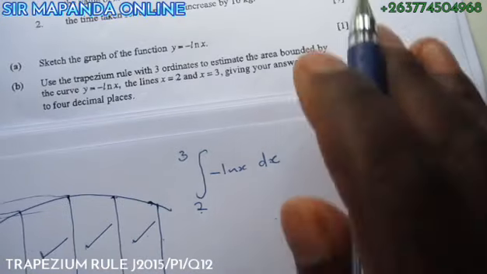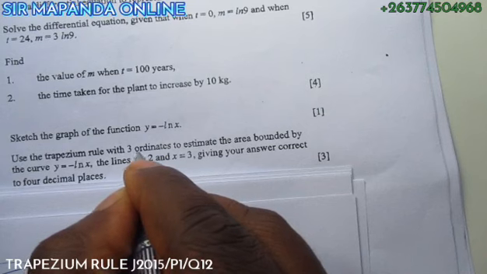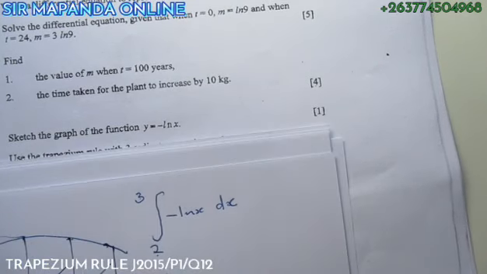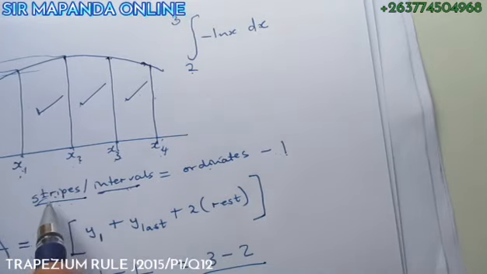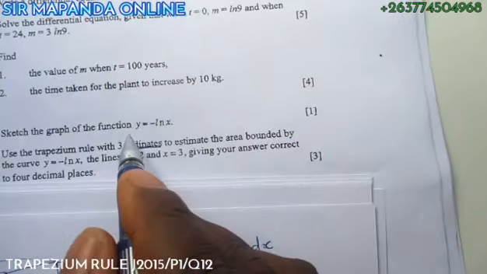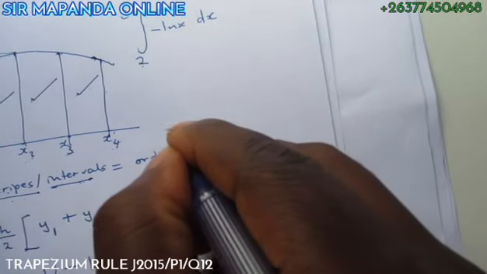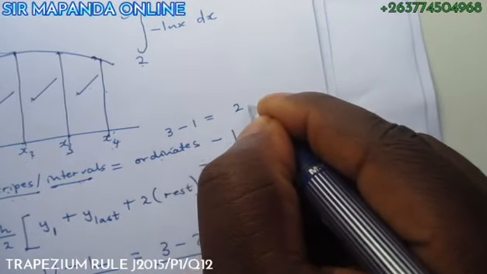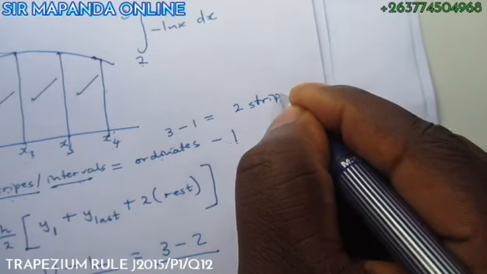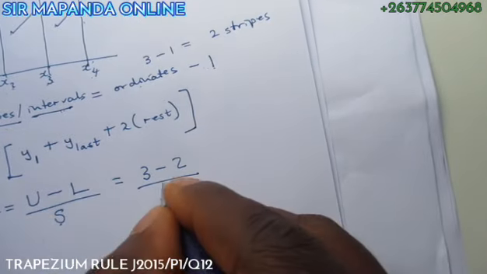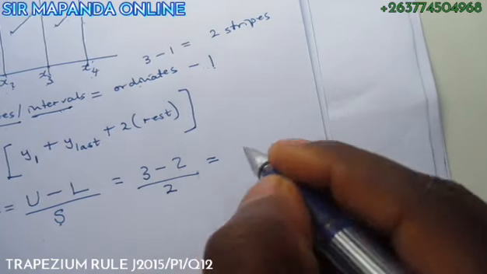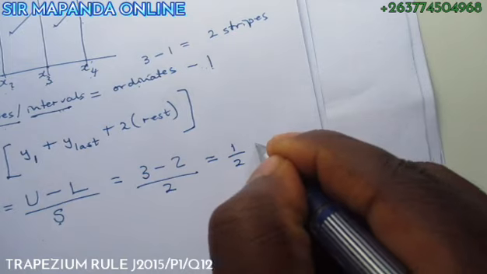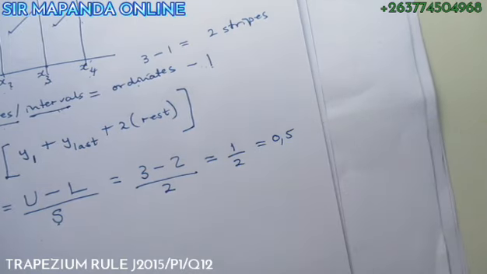The question gave us ordinates, not stripes. But if you less ordinates with 1, you get stripes. So if you have 3 ordinates, 3 minus 1 is equal to 2 stripes. So I'm going to divide this by 2. 3 minus 2, you get 1 over 2, which is equal to 0.5, representing your height. I hope you are following.